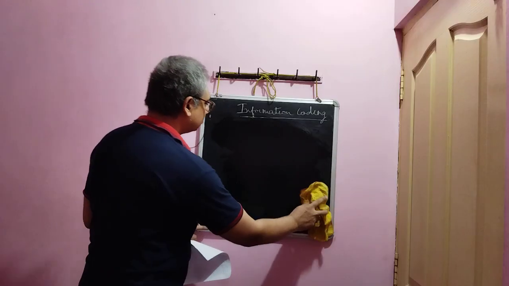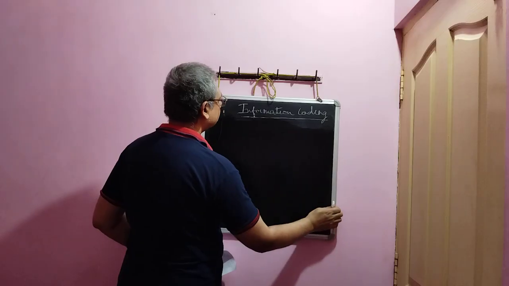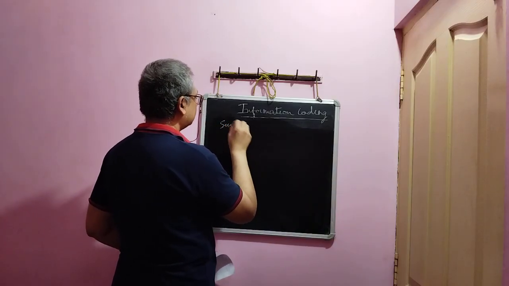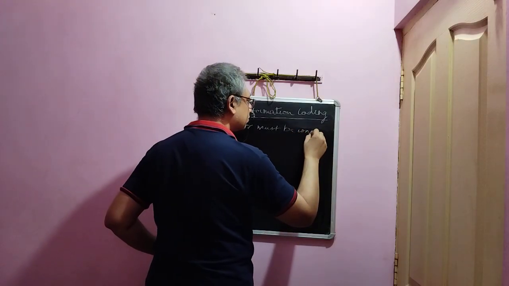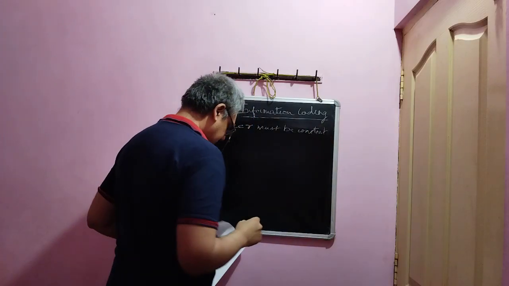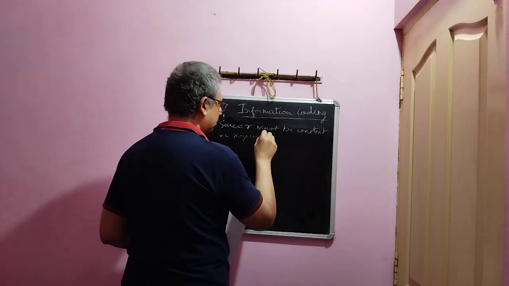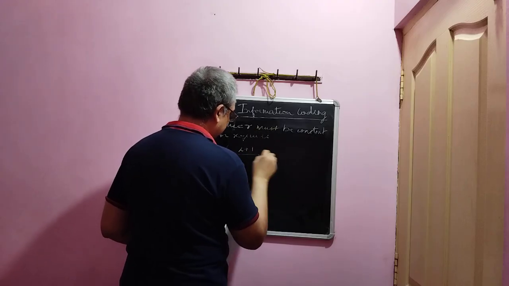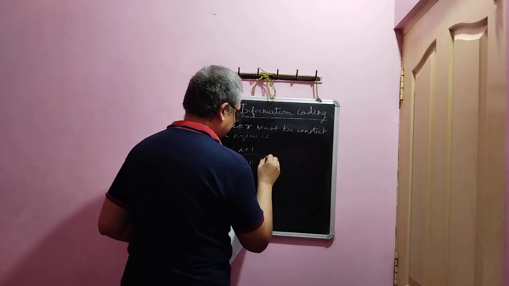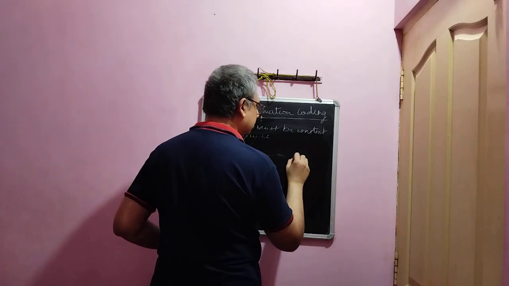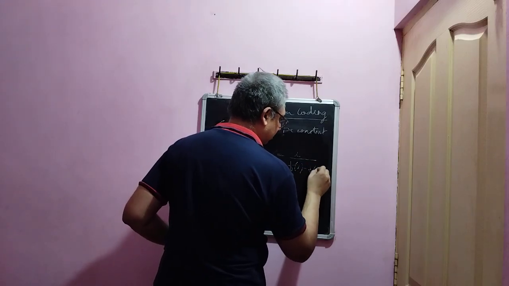Since r must be constant, we require 2 power I plus 1 by f of I plus 1 minus f of 0 must be equal to 2 power I by f of I minus f of 0.